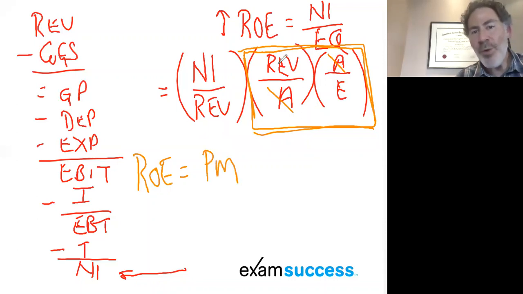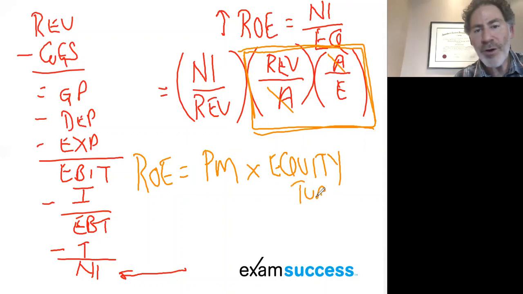And now we have the revenue over the equity. This is referred to as the equity turnover. Okay, I'll put a bracket around it.